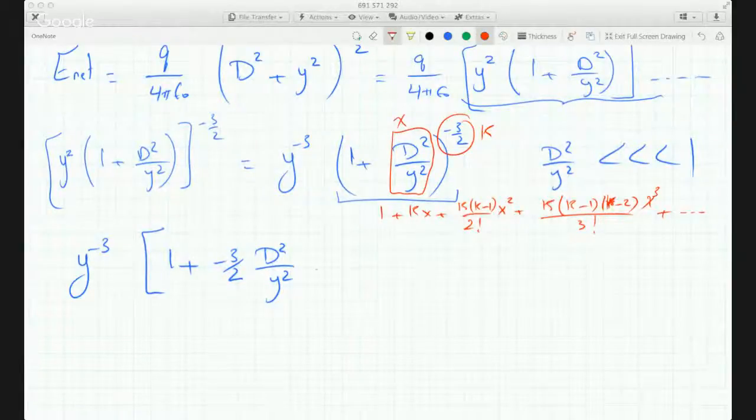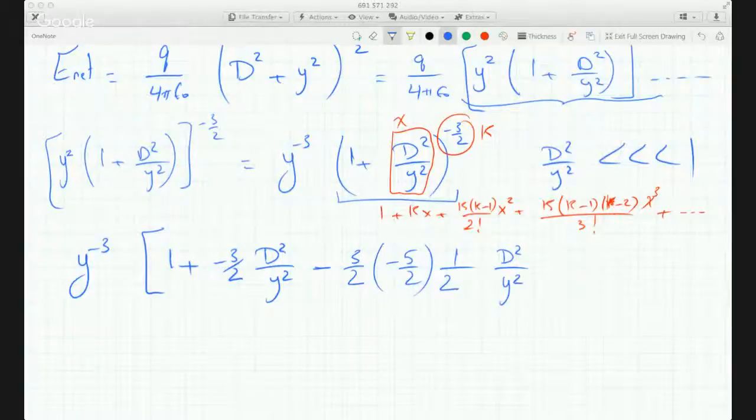And so the next term will be minus 3/2 times minus 3/2 minus 1, which becomes minus 5/2, because the next term is k minus 1, times 1 over 2 factorial, which is 2, times d squared over y squared, squared. I could keep going on, but I can stop because I can ignore these higher order terms.